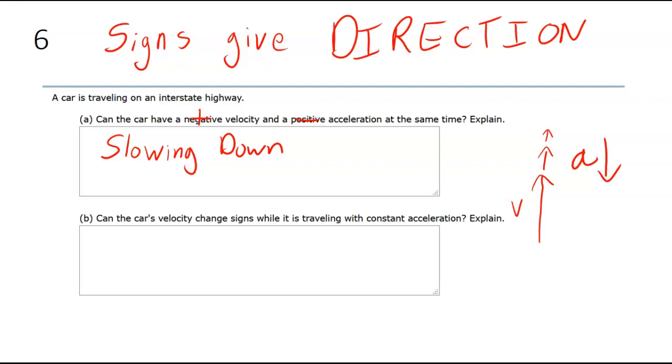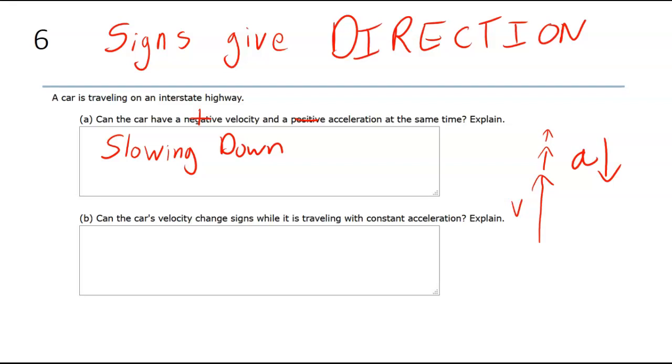Can the car's velocity change while it is traveling with constant acceleration? Absolutely. Again, acceleration describes the rate of change. So that just means if the acceleration is constant, you have a smooth kind of change in velocity.